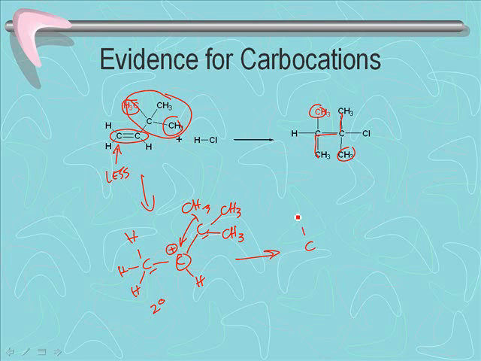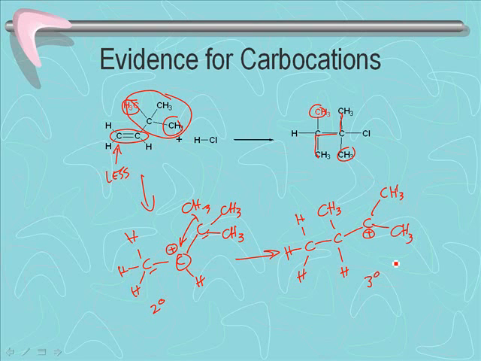The carbocation that would form as a result of this rearrangement would now have a methyl group migrated over to the carbon that was once the carbocation, and now the carbocation has moved over to the adjacent carbon. And so we have formed from the secondary carbocation a tertiary carbocation.